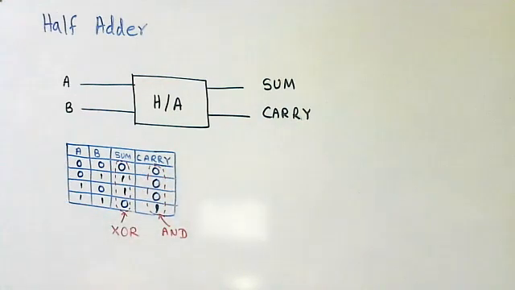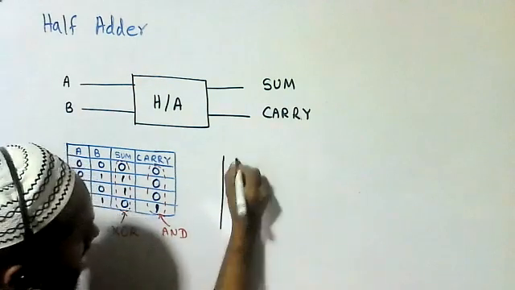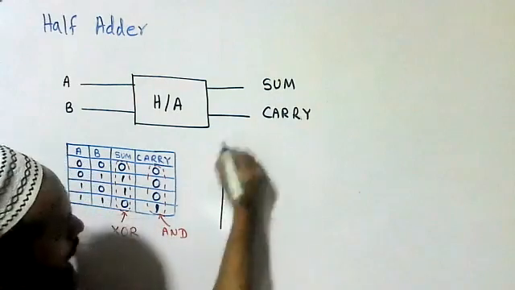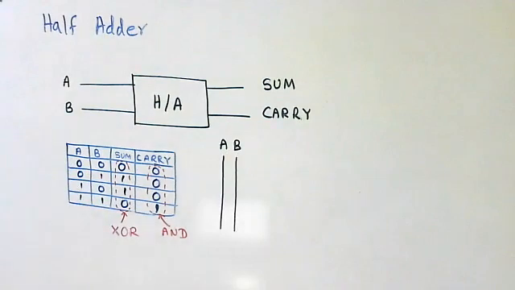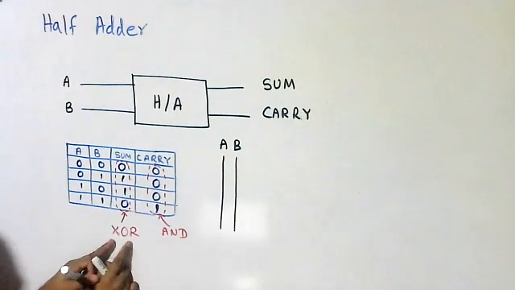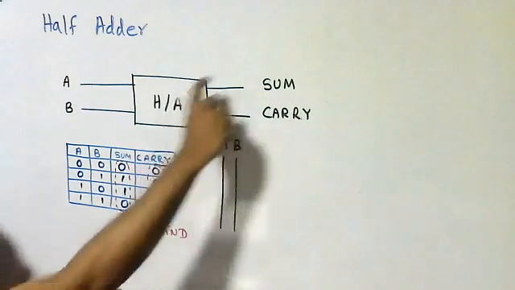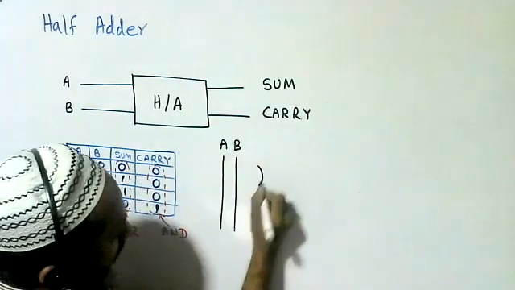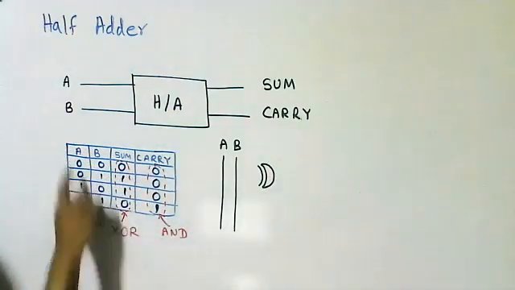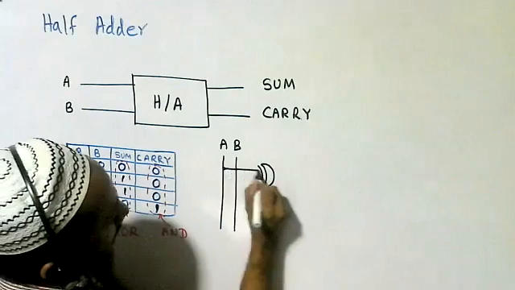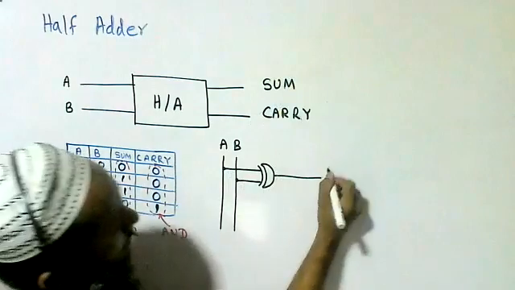Right, now we can design a logic circuit for these, students. I'm going to design the logic circuit. Don't write this yet. I'll give you time to write. Now concentrate. A, B are the inputs. For sum, we need an XOR gate. So the XOR gate is like this, inputs A, B, and the output is sum.